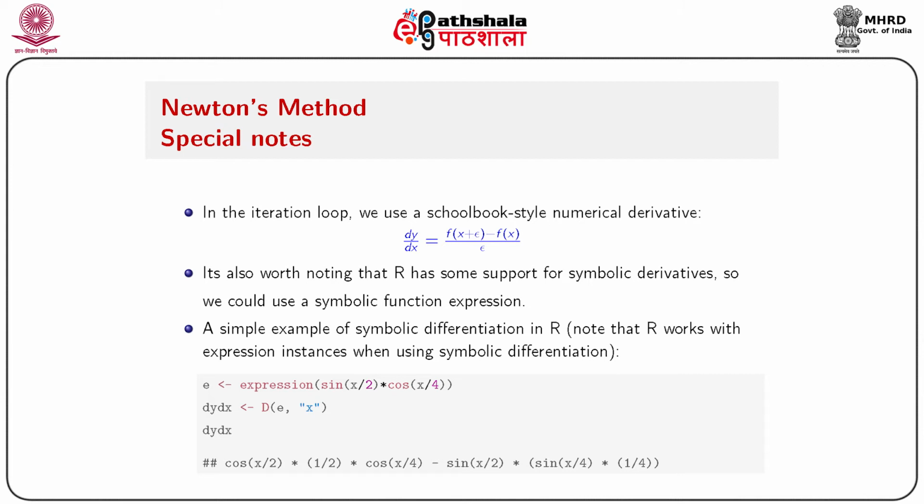Within capital D you pass the first argument as that expression, and the second argument within double quotes, the differentiation with respect to x. So you put x over here and the result will be given here. If you just type dy/dx, you will get cos(x/2) times half plus cos(x/4) minus sin(x/2) times sin(x/4) times 1/4, the derivative of that expression.